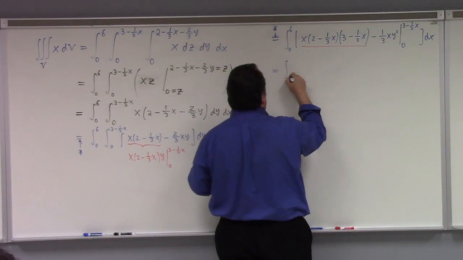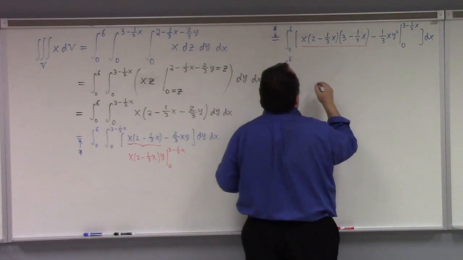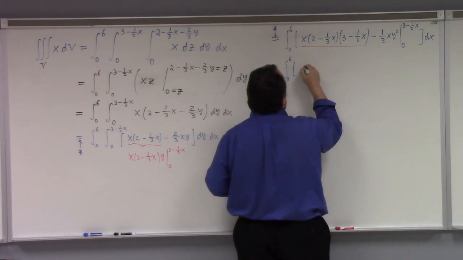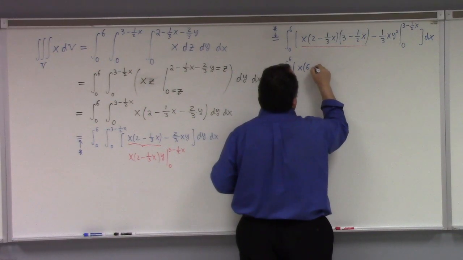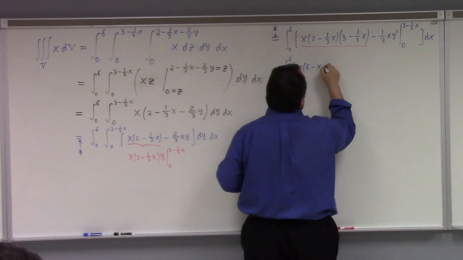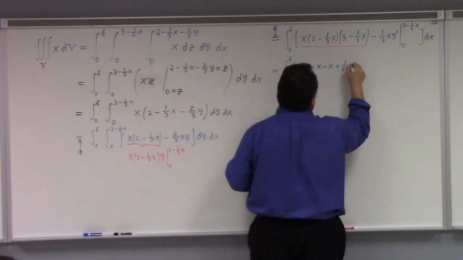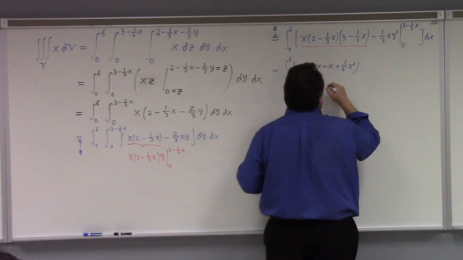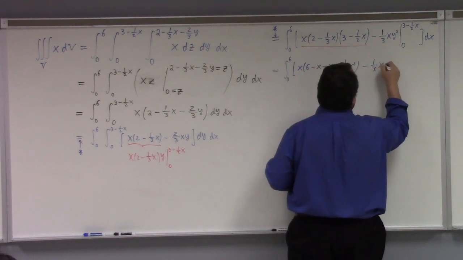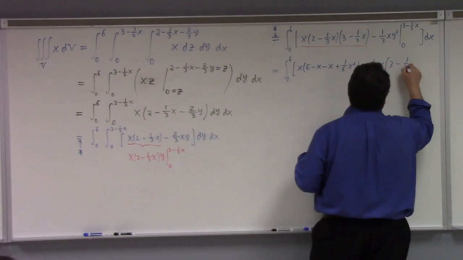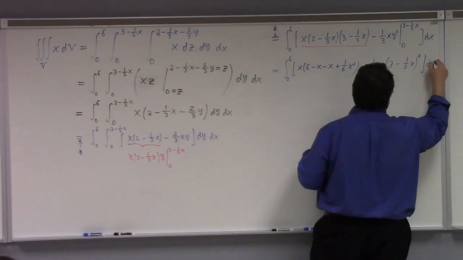I'm going to do a little bit of algebra on the first piece. I'll leave the x out front. That's 6 minus x plus 1/6 x squared. And then over here I've got minus 1/3 x times 3 minus 1/2 x quantity squared, close big parentheses, dx.